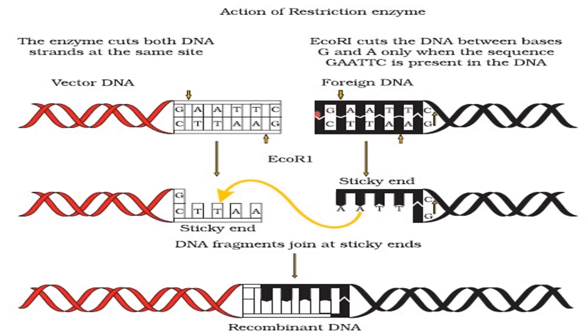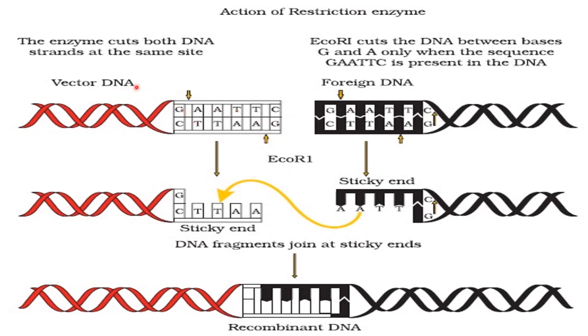So it always recognizes the same sequence, and that sequence is GAATTC. This is the palindromic sequence for EcoR1. This you need to learn.